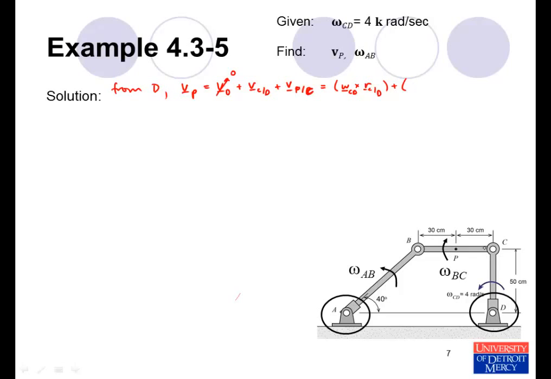In this case, this bar has an angular velocity omega BC, and the position is the position of P relative to C.